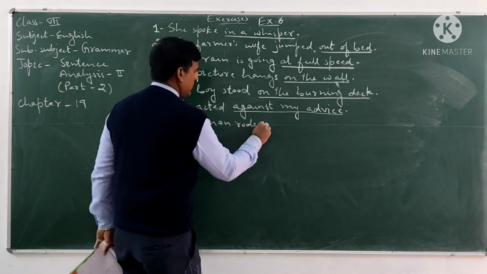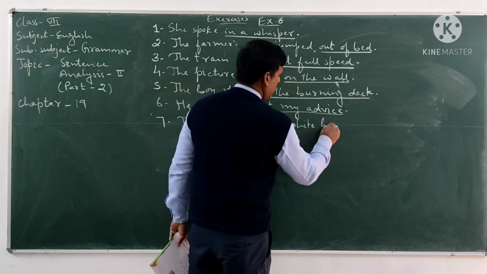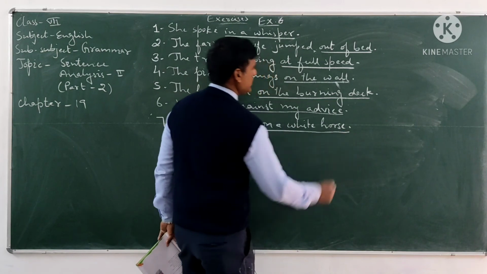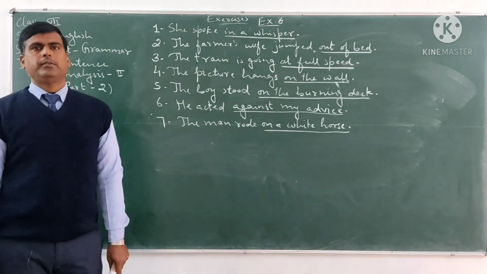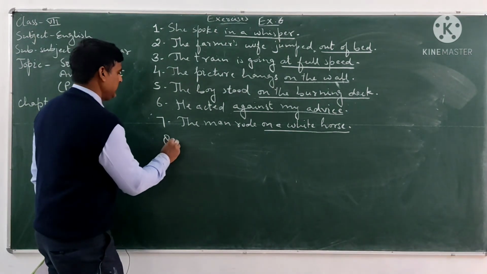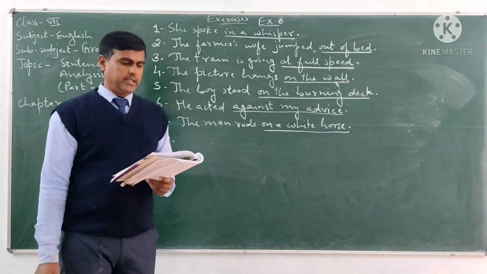In this sentence, on a white horse is the extension of predicate. Now see sentence number 8. This is the last sentence of this exercise.